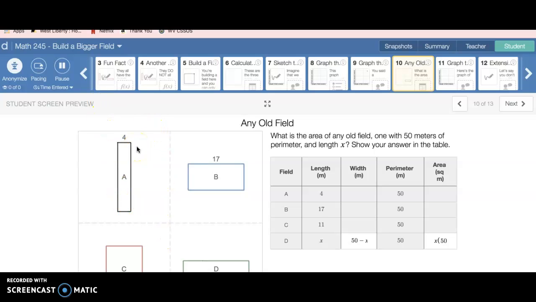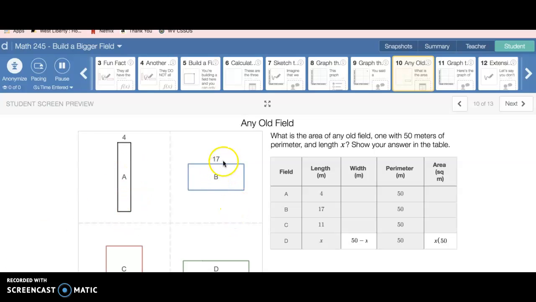So we would do 50 minus 8, which equals 42. And then to find these sides, to find what's left, we know that there is 42 between the two of them, so we need to divide that by 2, getting 21. So we would have 4, 21, 4, 21.